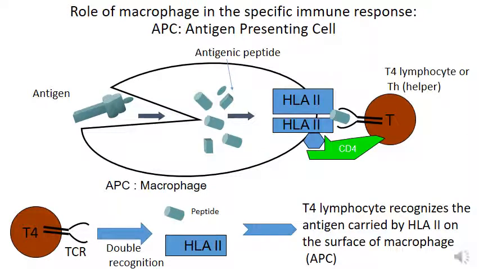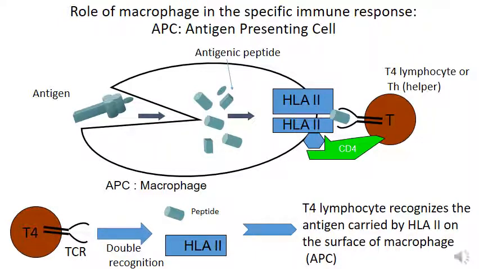Okay, so we said that if the macrophage fails to eliminate the antigen in the non-specific immune response, then there will be induction of a second line of defense, which is the specific immune response. Actually, I'm not going to talk about the non-specific immune response for the moment, but I care for the role of the macrophage in the specific immune response.